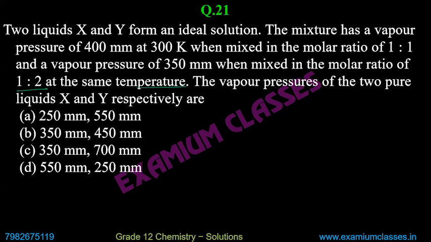So I'll give you just a hint. In such questions, you just need to use P total. P total equals P_X naught x_X plus P_Y naught x_Y.